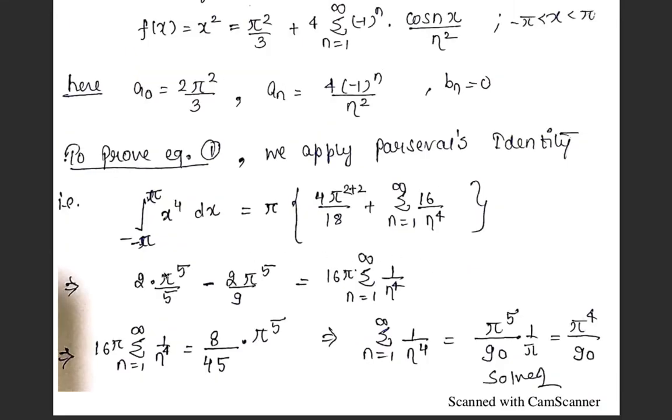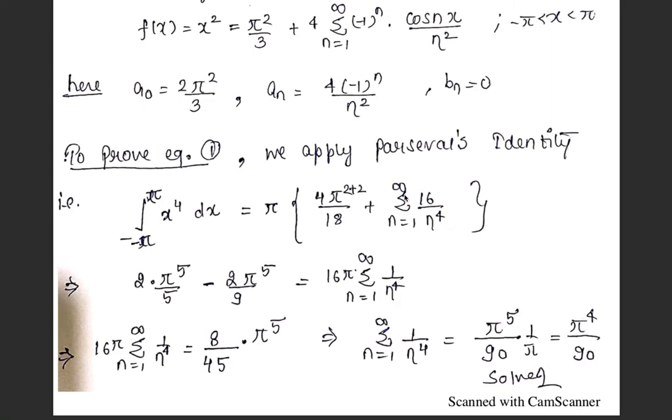Clear? So we can integrate this term, which will give x to the power 5 by 5, and on integrating this we will get 2 by 5 multiplied with pi to the power 5. Here this term represents the first part, which I have taken to the other side, minus 2 pi to the power 5 divided by 9, this term.